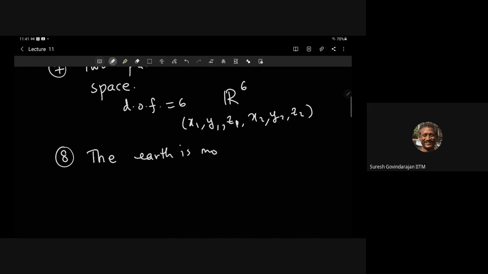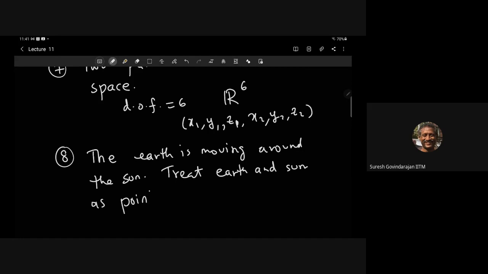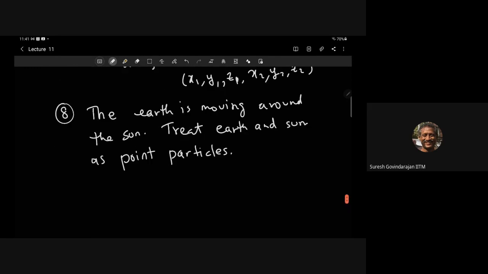The Earth is moving around the Sun, and treat Earth and Sun as point particles for simplicity. How many degrees of freedom? Again, 6. Who said 6? Ayanaba. Okay, good.